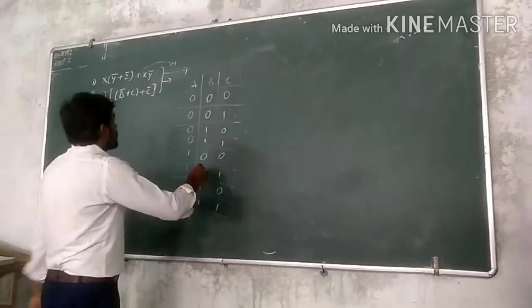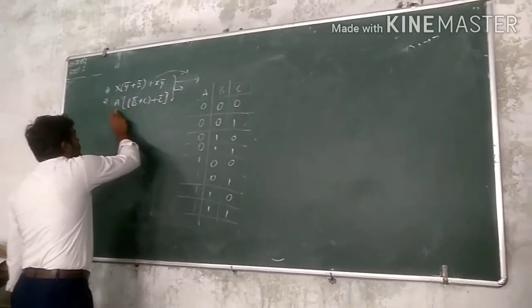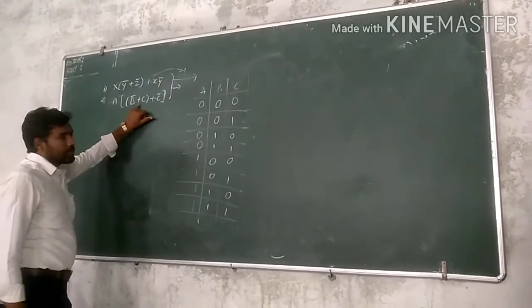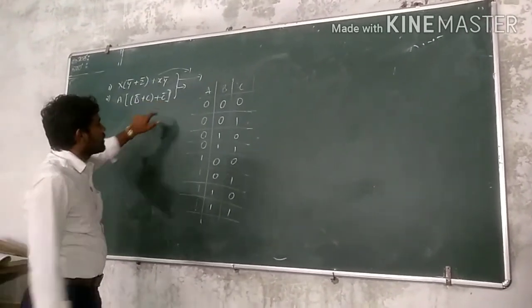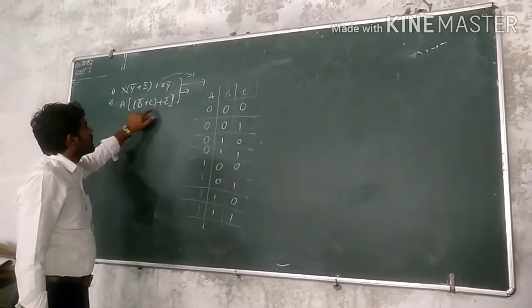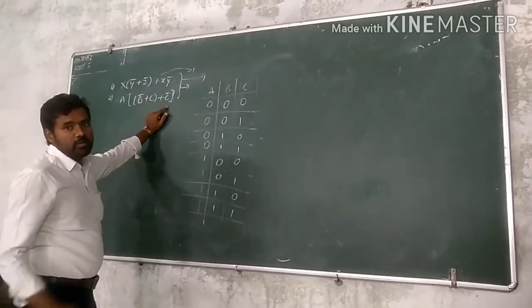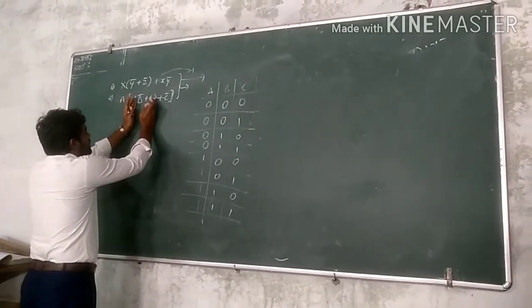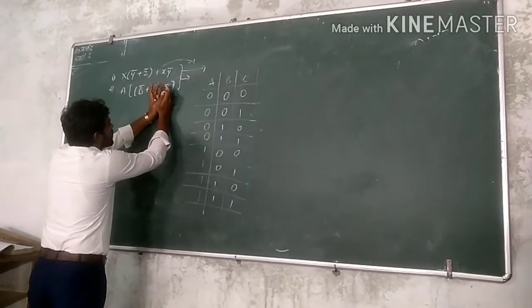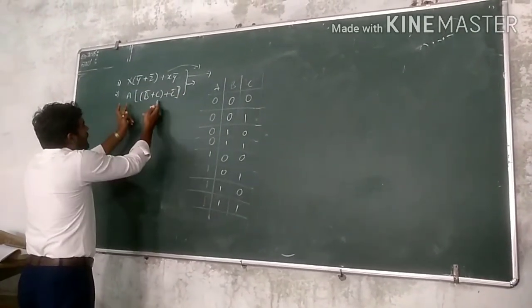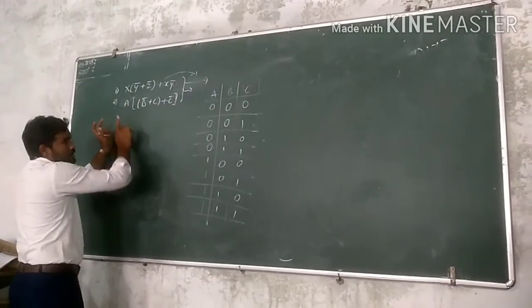Clear? So now we will go for the second one, that is a into the whole term b complement plus c complement. As I told you, first differentiate the equation into n number of parts. We take the compound sum first, find its value, merge the terms, and later the whole term should be multiplied with a.